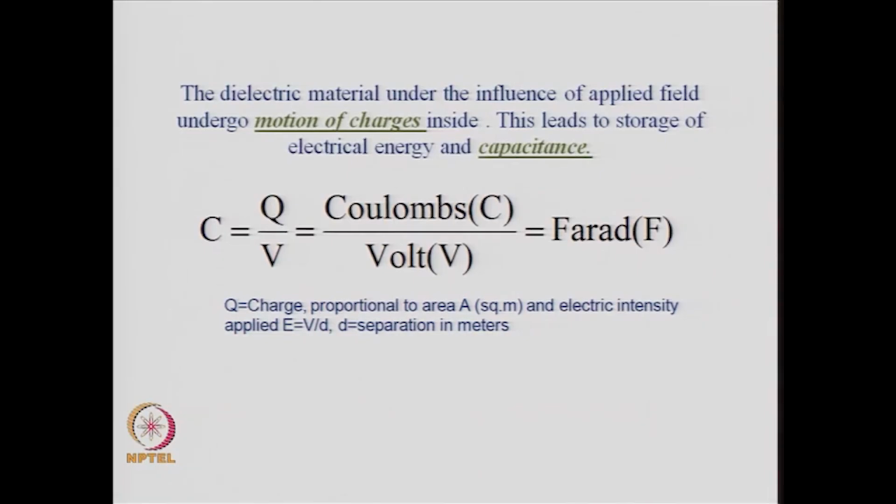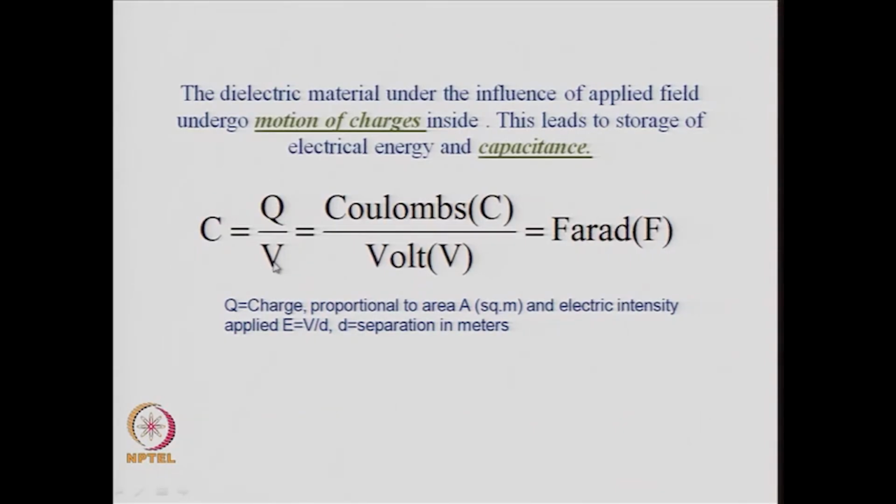It can be an electrode, two electrodes. At one electrode a positive charge is developing, and on the other side a negative charge is developing. The amount of charge is q, and the electric potential which you have applied is V.